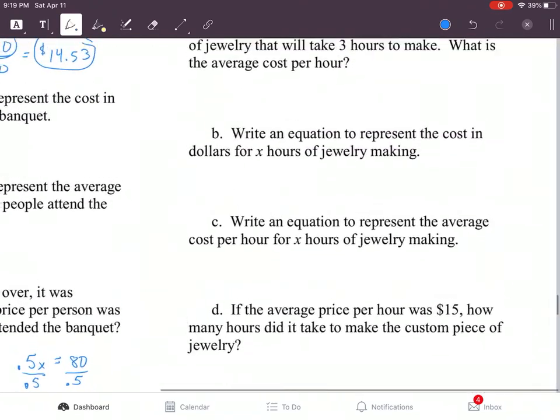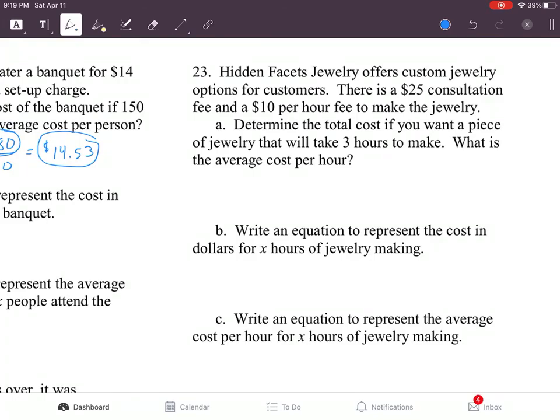Okay, let's go to the next one up top here. Head & Facets Jewelry offers custom jewelry options for customers. There's a $25 consultation fee and a $10 per hour fee to make the jewelry. What's the total cost and what's the average cost if it takes 3 hours to make? So it costs $10 per hour, we're working for 3 hours, and it's $25 just to see and talk to them.